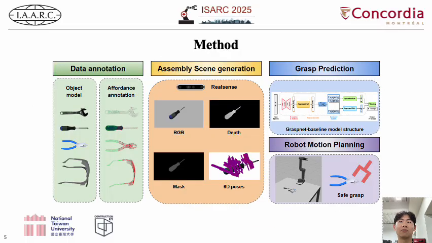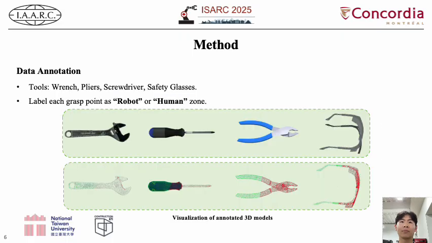This slide shows the framework of our proposed method, which consists of 4 parts: data annotation, scene generation, grasp prediction, and motion planning. We will begin by discussing the details of the data annotation step. Here is the data annotation process.